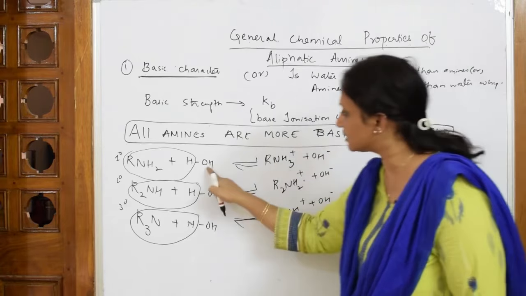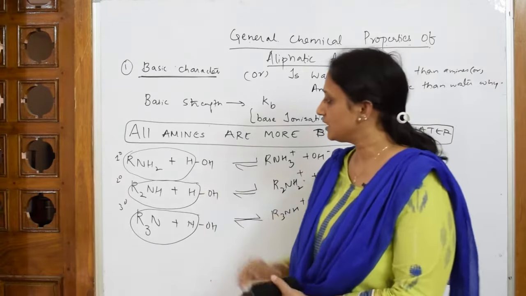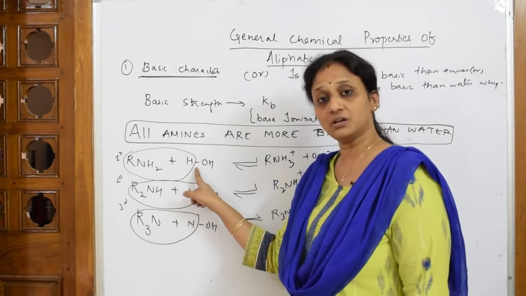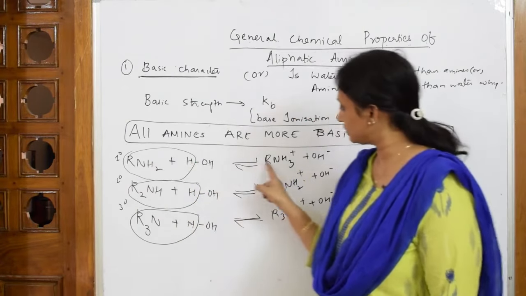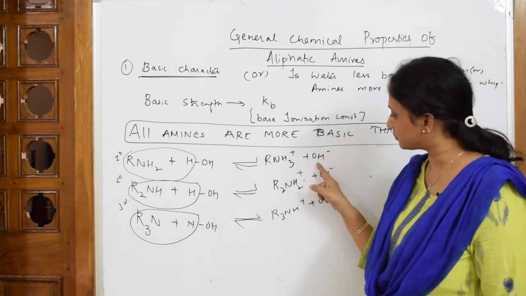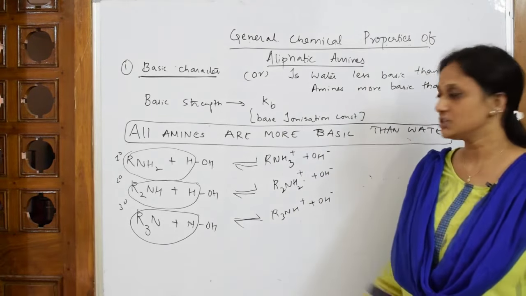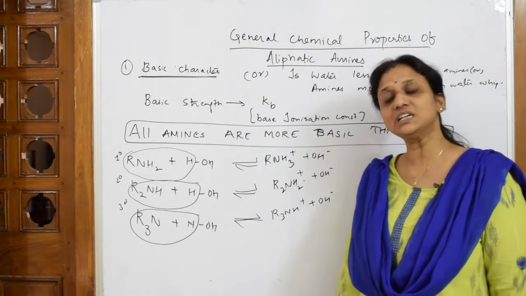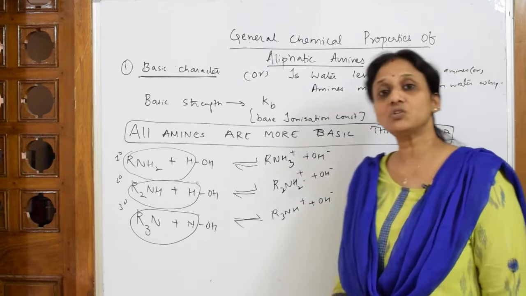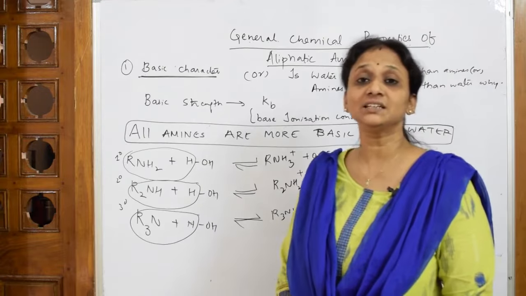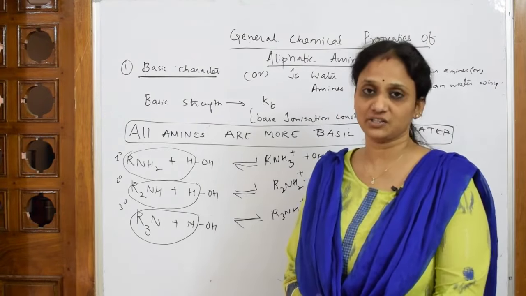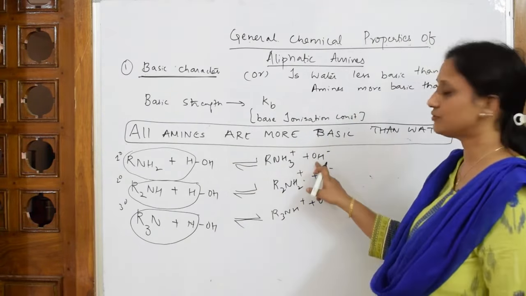Aren't they stronger than water? Simple, isn't it? Amine is trying to break the bond, pick up that hydrogen and finally release out that OH minus from water. That is the reason they are more basic than water. So what can we say? Amines release OH minus when dissolved in water. So that's the reason they are more basic in nature. So remember this concept, release of OH minus ion.